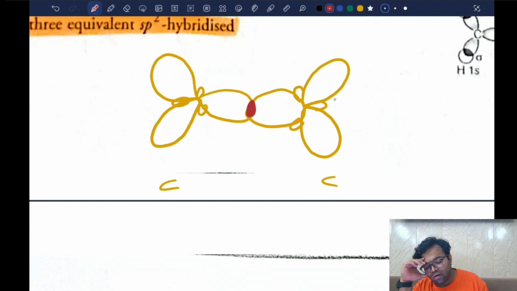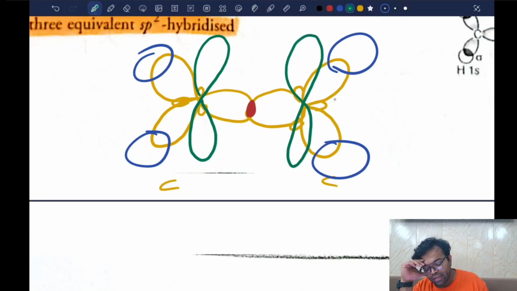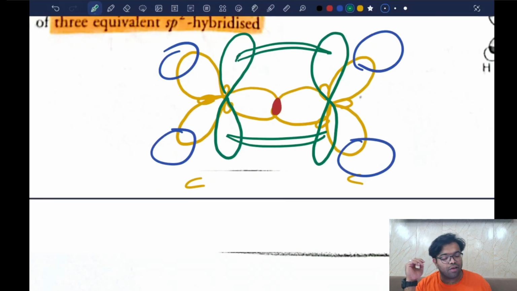And you're going to have one hydrogen atom come here to form a head-on overlap, one hydrogen here, one hydrogen here, one hydrogen here, and then you have the final unhybridized p orbital here, one unhybridized p orbital here, forming a sideways overlap like this. Understood? This is how you have the complete structure of the C2H4 molecule.